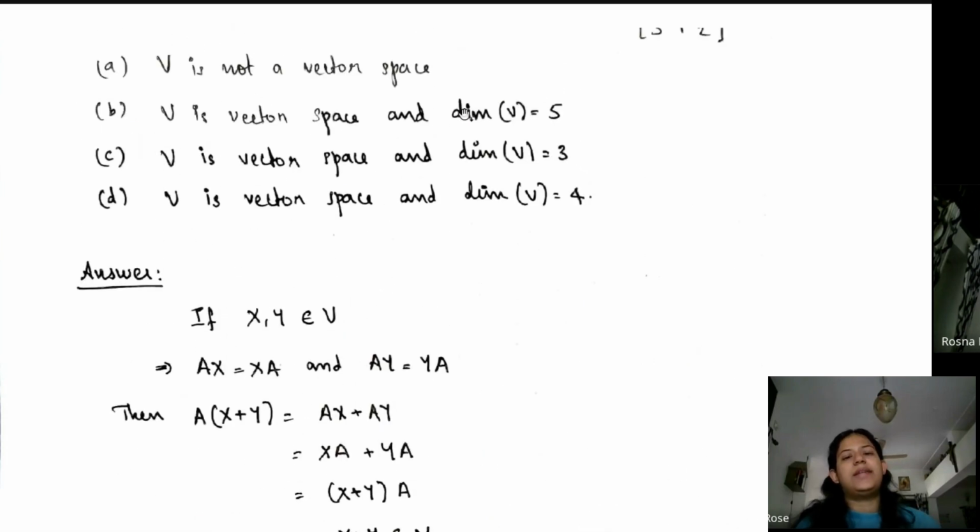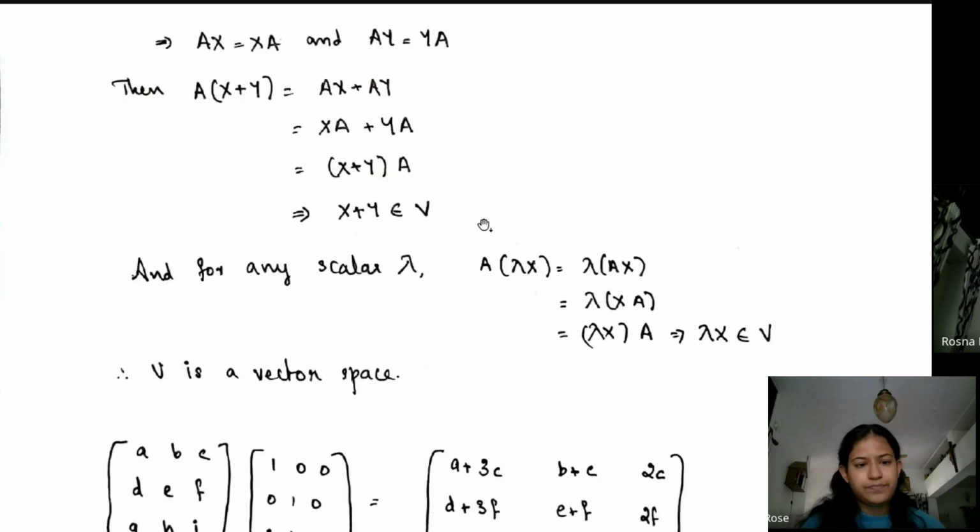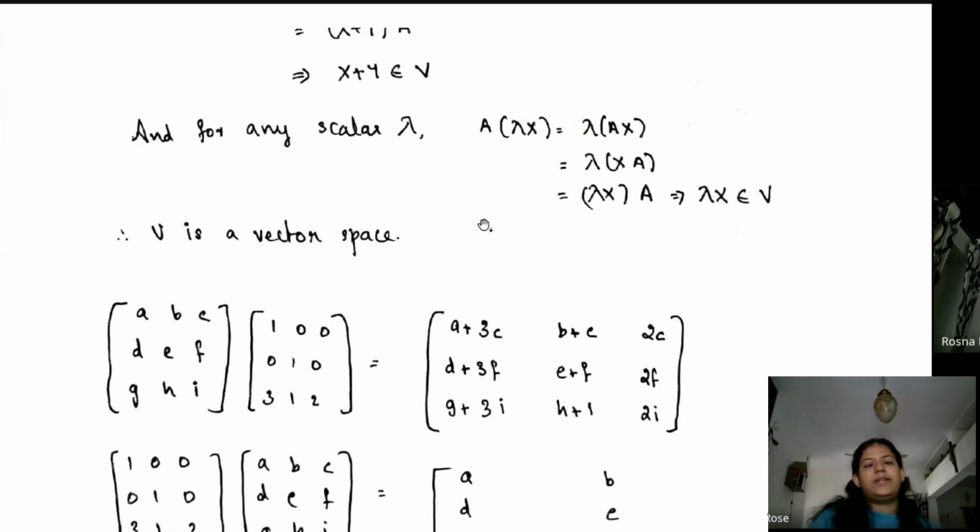Now I have to find the dimension of my vector space. How to find the dimension? To get an understanding of it, I want to know what the elements of my vector space look like.